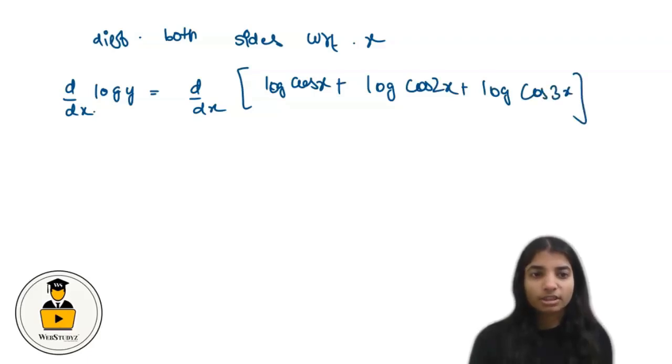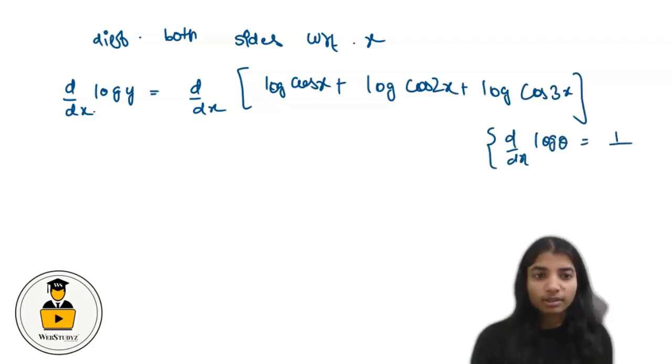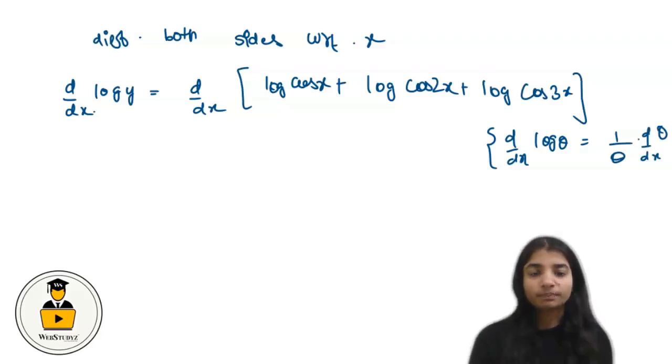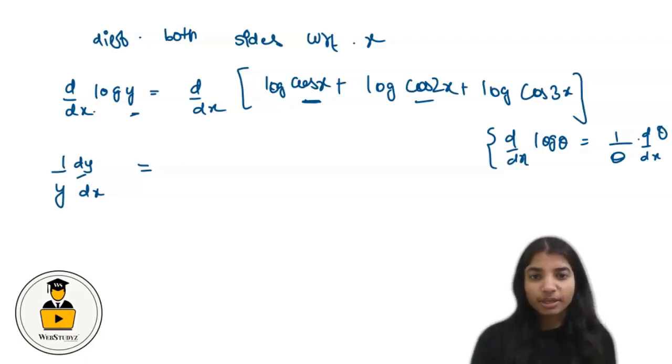We know that d/dx of log theta is equal to 1 divided by theta multiplied by d/dx of theta. Here we are going to replace theta with y on the left side, and on the right side we are going to replace theta with cos x, cos 2x and cos 3x. So d/dx of log y becomes 1 divided by y, dy/dx, and on the right side we can separate the differentiation.